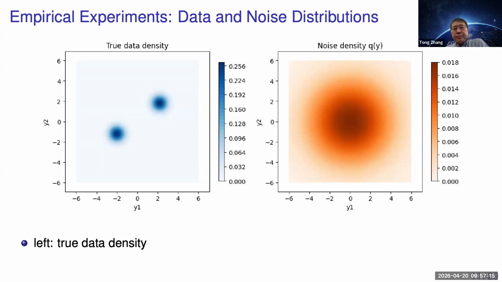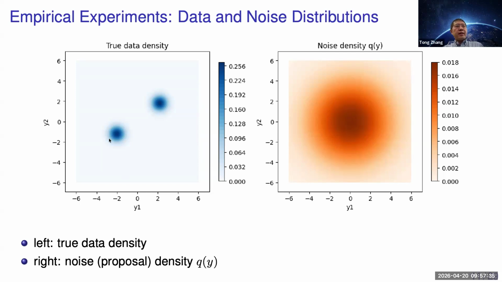Left is the true distribution, right is this noise. In our case, we sometimes maintain the chain. When we do the Langevin, sometimes we initialize from this noise distribution, randomly sample from it, then draw something.